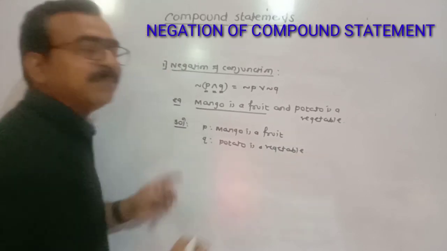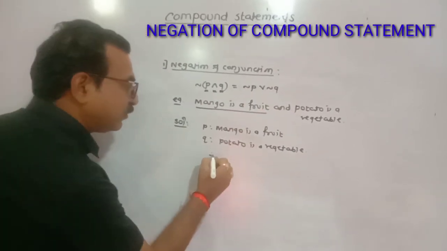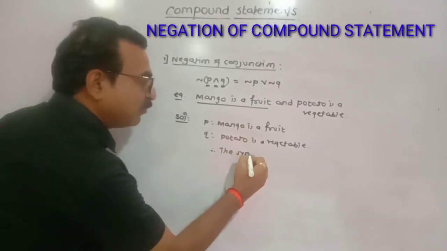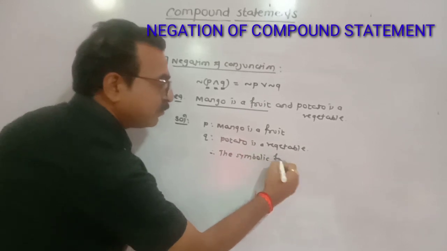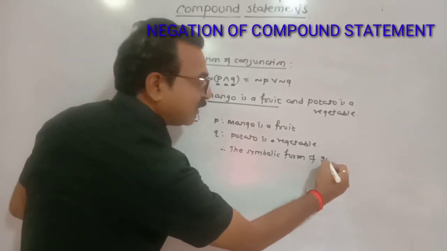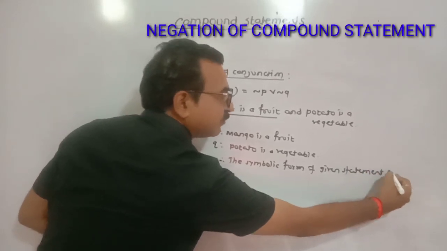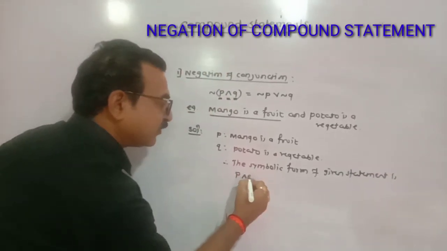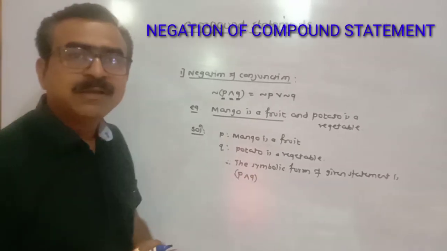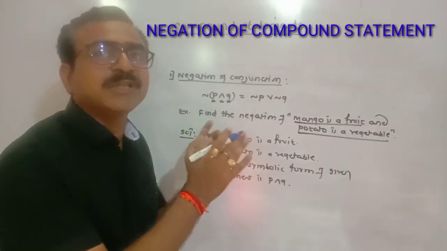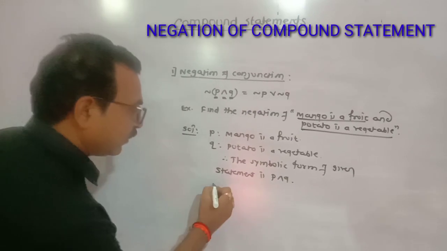Okay. So the symbolic form of the given statement is P conjunction Q. Okay. Now you have to find out the negation of this conjunction statement.